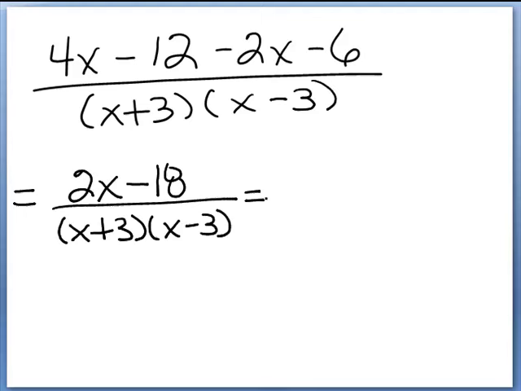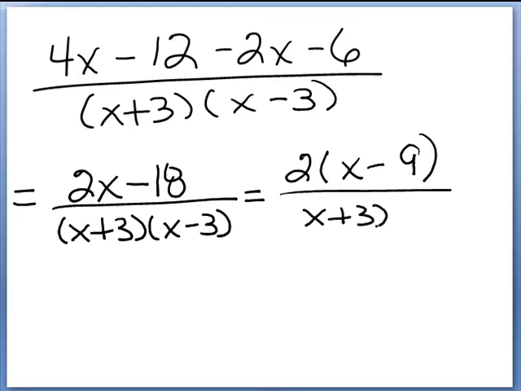Okay, so when we factor our numerator, we have 2 over x minus 9. Well, the 2x minus 18, we factor out a 2, we're left with x minus 9.